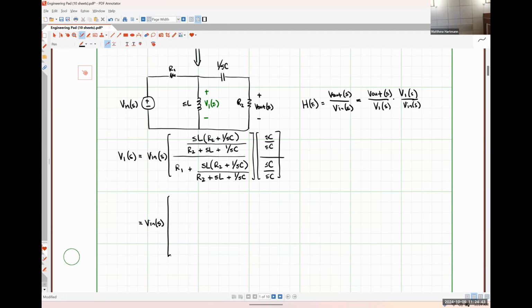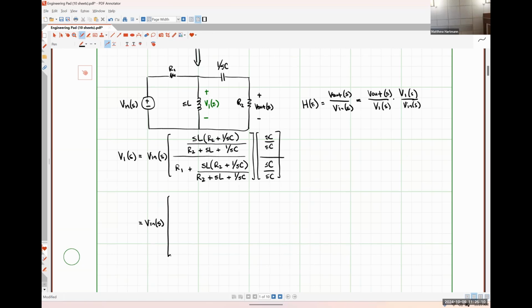So when I take this SC and multiply it by the numerator of the numerator on the left-hand side, what that's going to do is get rid of this 1 over SC right here. And so this term in parentheses is going to look like 1 plus S R2 times C. Are we okay with that?